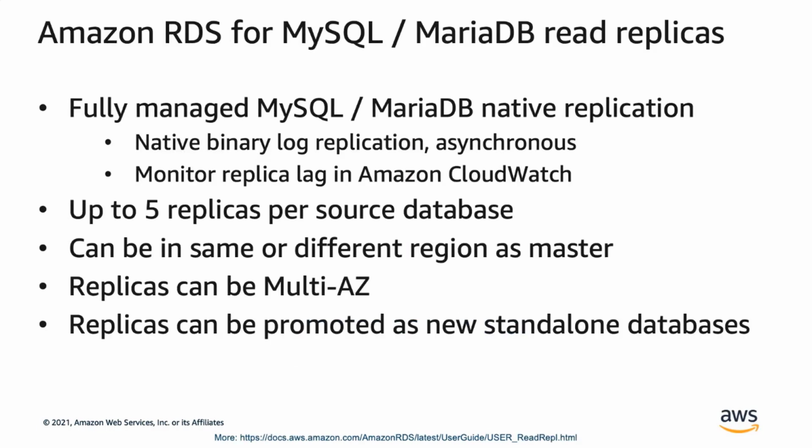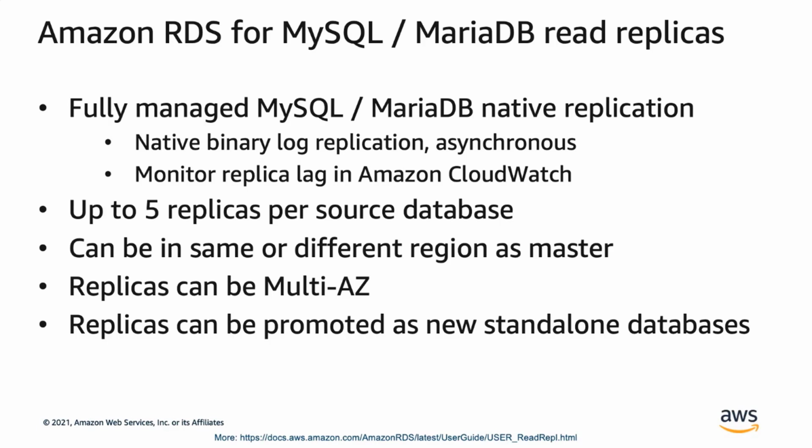And then the next option we have is Amazon RDS for MySQL and MariaDB read replicas. These use fully managed MySQL and MariaDB native replication. So you don't need to manually configure any replication between the primary and secondary.